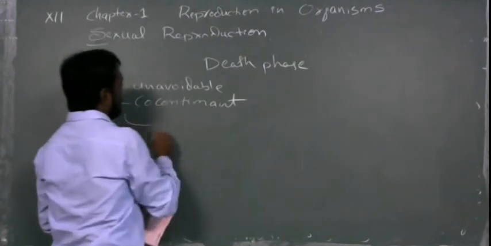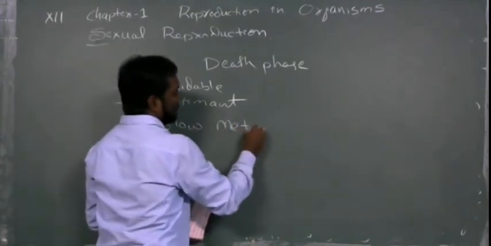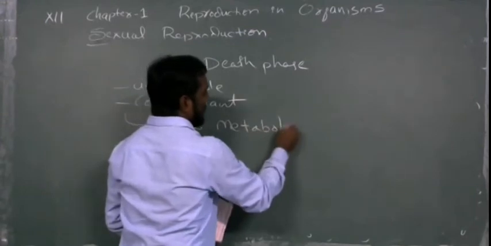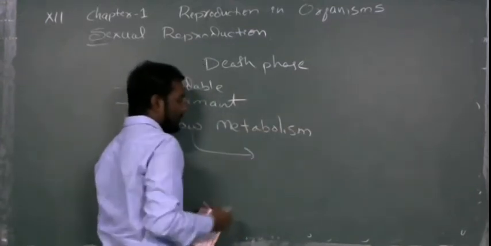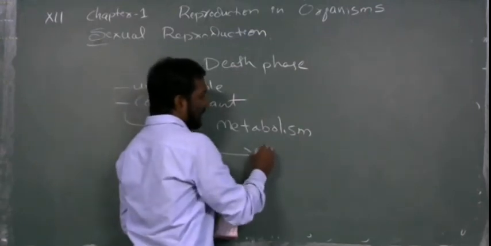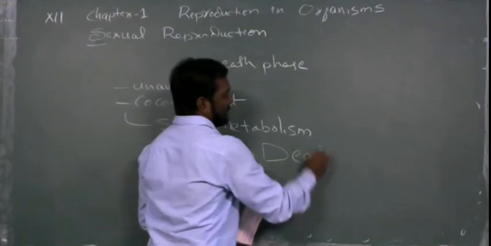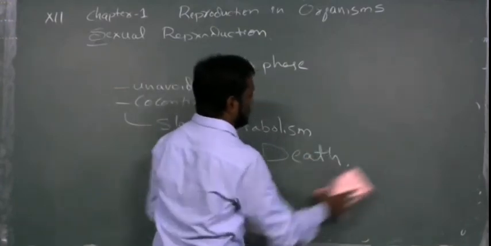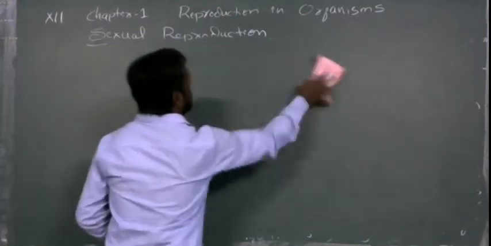Why? Because of slow metabolism, the organism will be unable to do its own work, and this leads to death. Okay, this is the death phase.